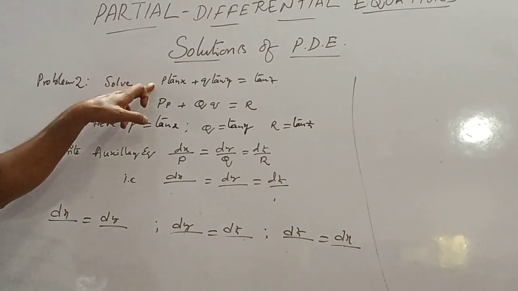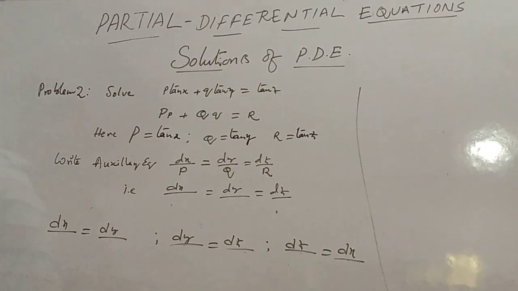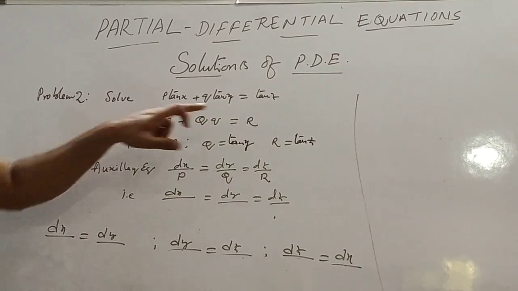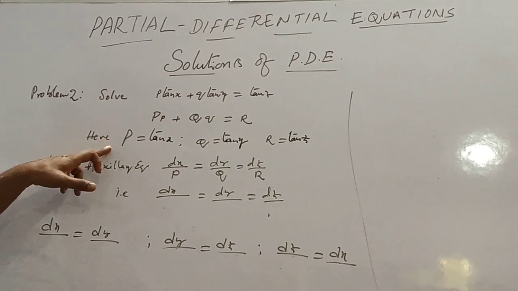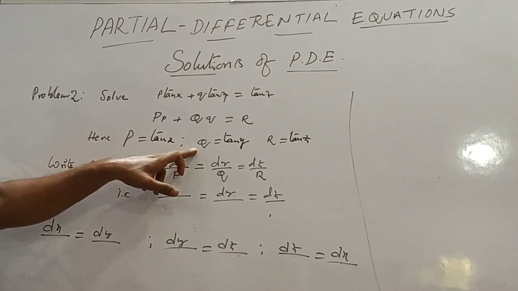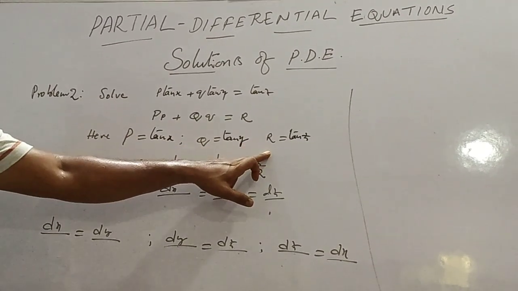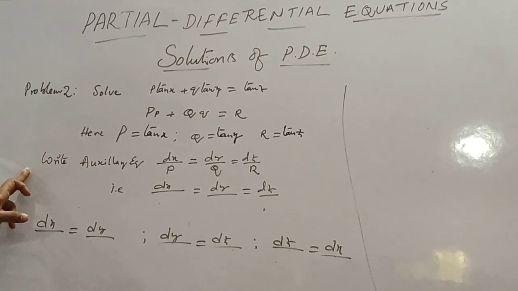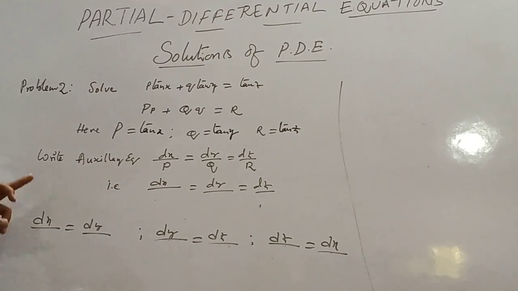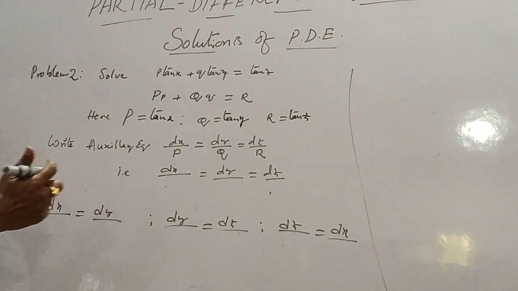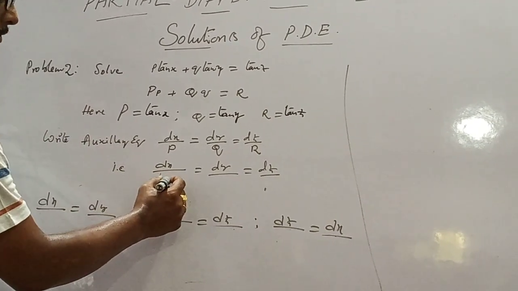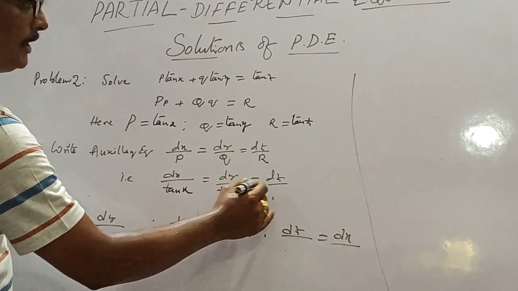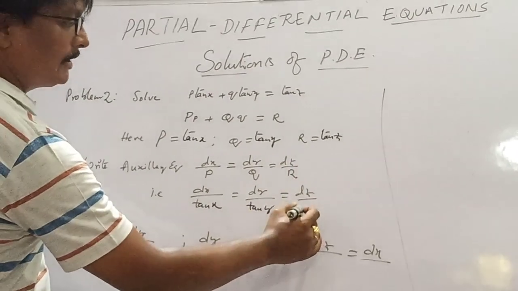Solve p tan x plus q tan y equal to tan z. This is Pp plus Qq equal to R form, Lagrange's form, where P equal to tan x, Q equal to tan y and R equal to tan z. The equation is dx by P equal to dy by Q equal to dz by R. So dx by tan x, dy by tan y, dz by tan z.